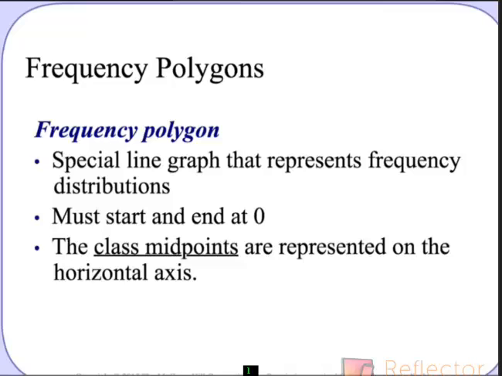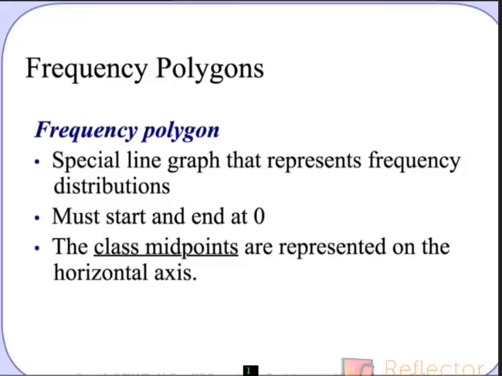We're going to use the class midpoints this time instead of the class boundaries. So it's going to be really important for you to distinguish between the graphs. Do I use the class boundaries or am I using the midpoint? With the line graph of the polygon, we're going to use the midpoint.